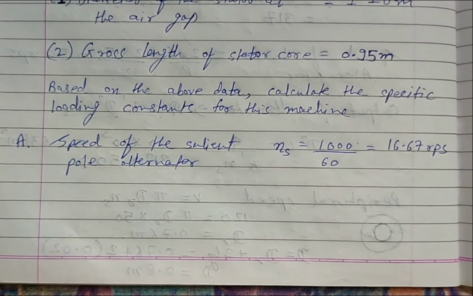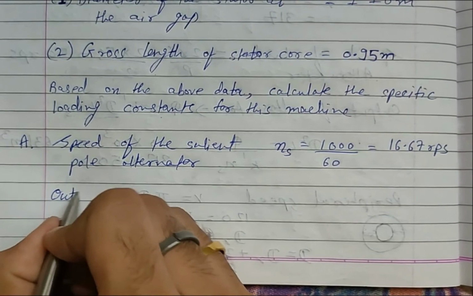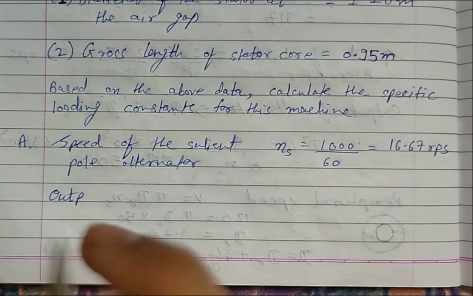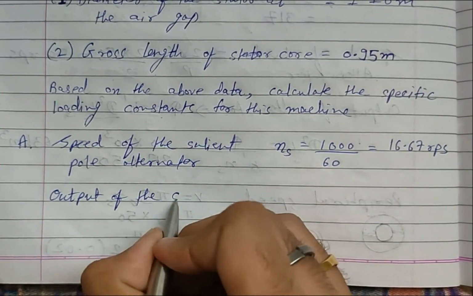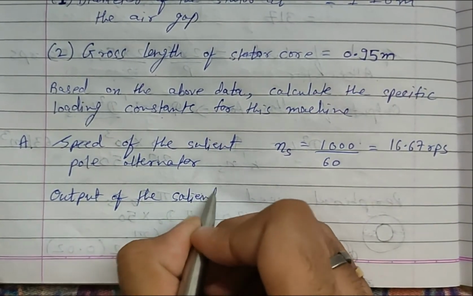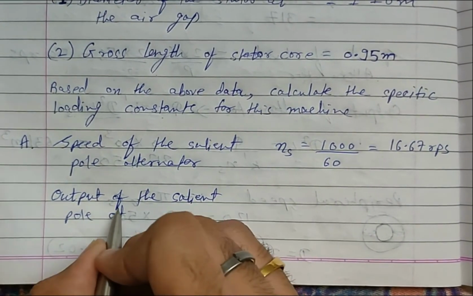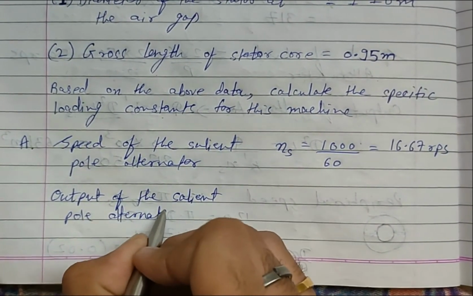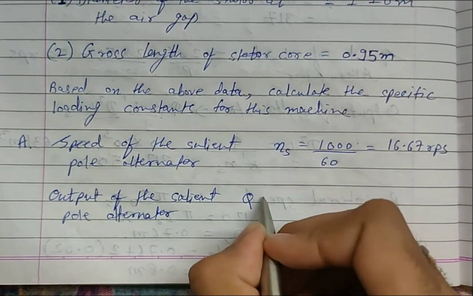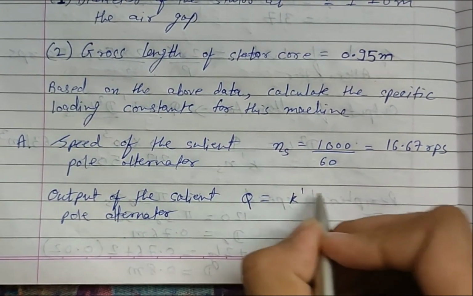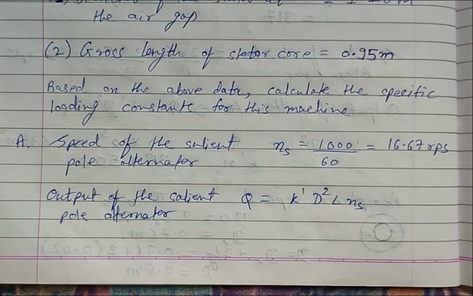The output of the salient pole alternator, which is given by capital Q, is equal to K dash into D square L Ns.